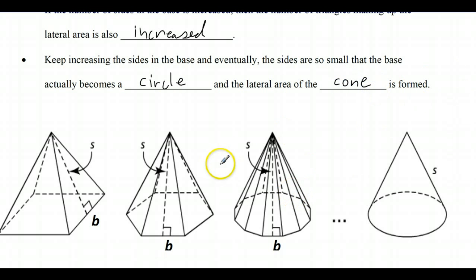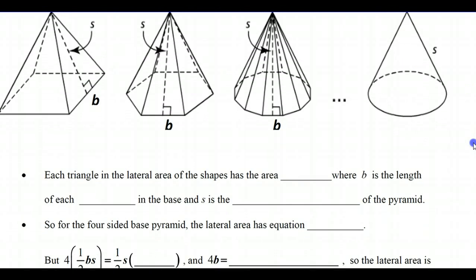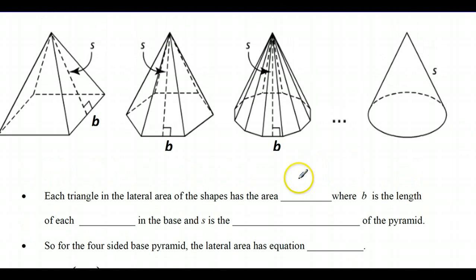This is also something that we do a bunch in mathematics, and here's your first taste of it. Each triangle in the lateral area of the shapes has the area 1/2 base times slant height. Remember, it's the slant height measured along the face, where b is the length of each side in the base, and s is the slant height of the pyramid.